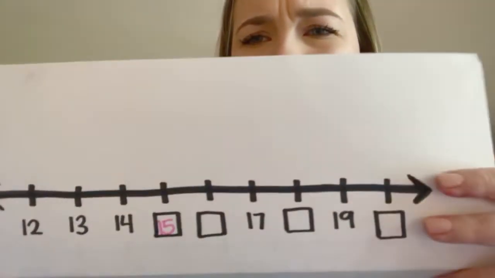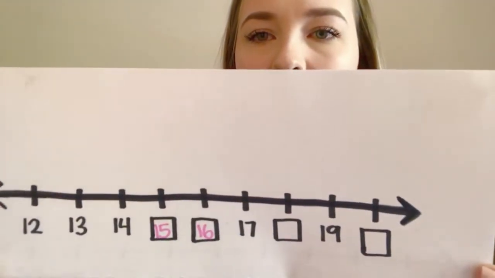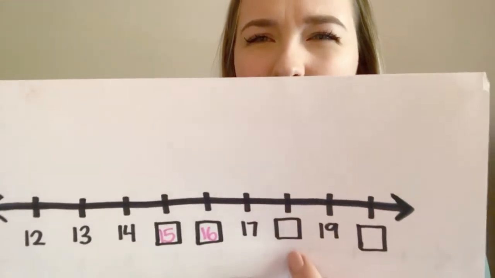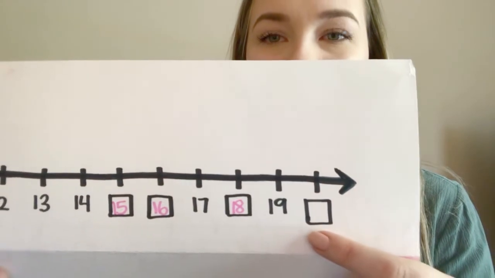Then what comes after 15? 16. 17. Uh-oh. What comes after 17? You're right, 18. 19, and you got it, 20. Good job. That's our first number line.